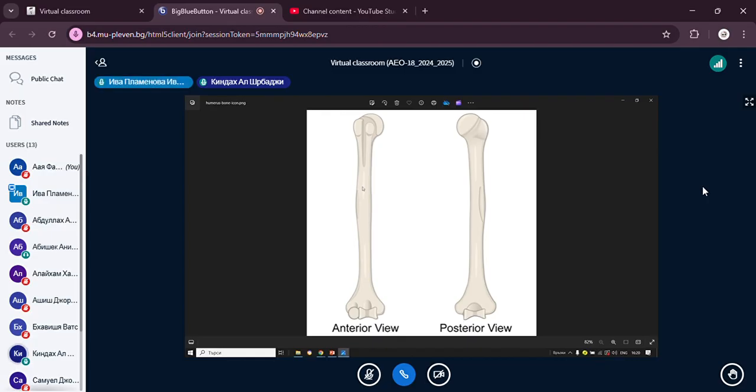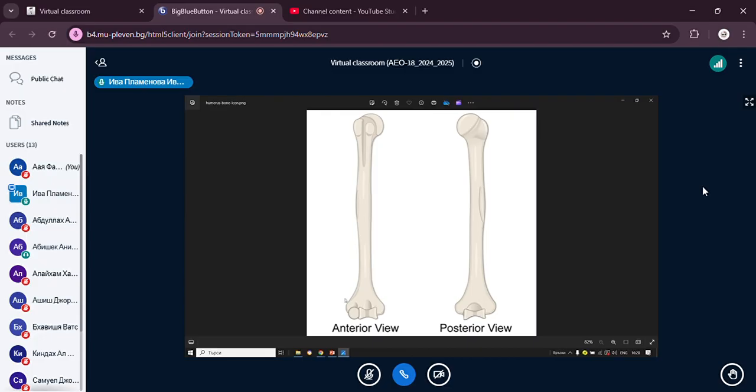The tuberosity here, deltoid tuberosity. Here, on the posterior side, there is a groove for which nerve? I forgot the name of the nerve. Don't worry. Radial nerve, nervus radialis.